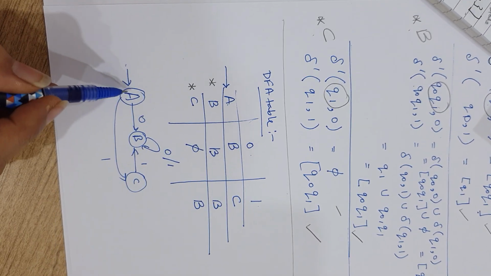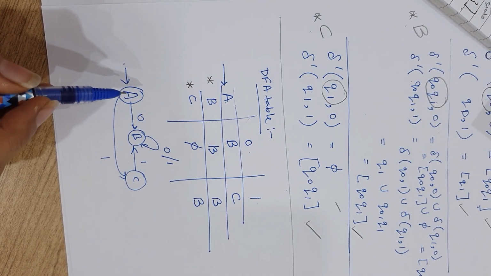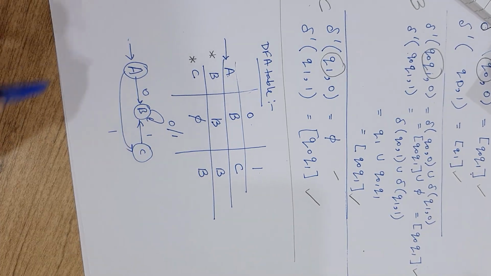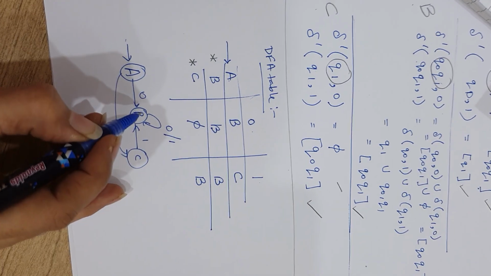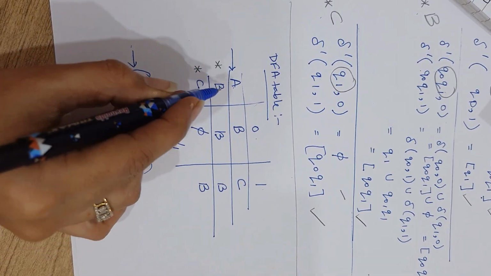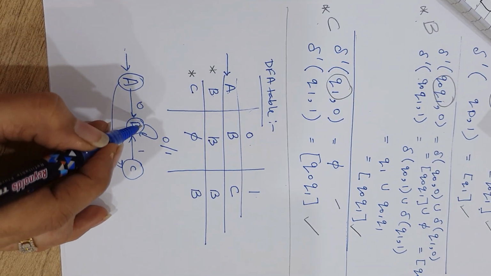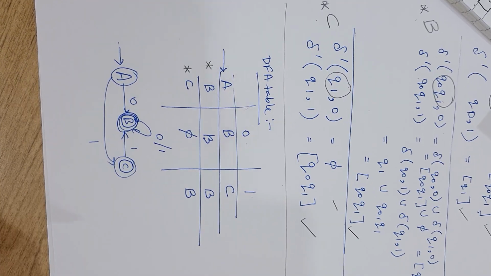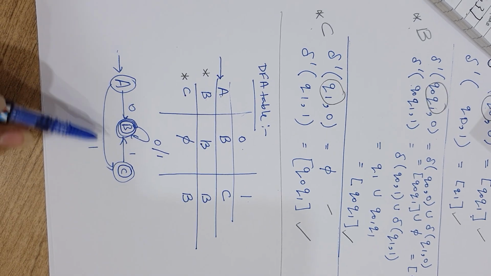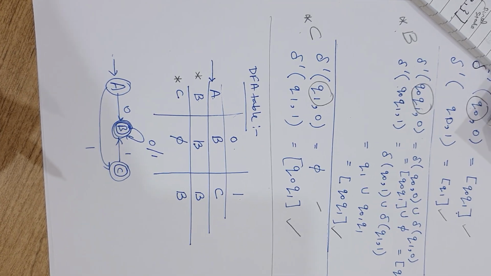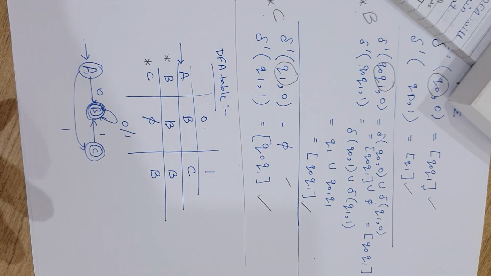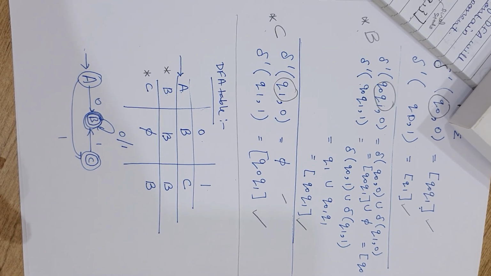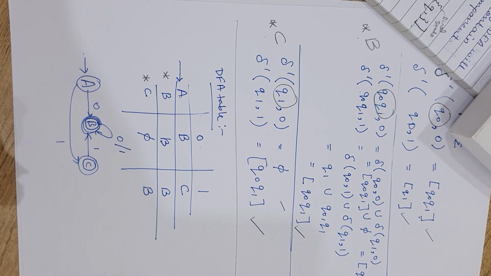Here I have marked the initial state. How to mark the final state in this diagram? You have to draw a concentric circle. So B and C are my final states. I will draw a concentric circle here. So this will be the final state in the diagram. So this completes the entire numerical of converting the given NFA to DFA.